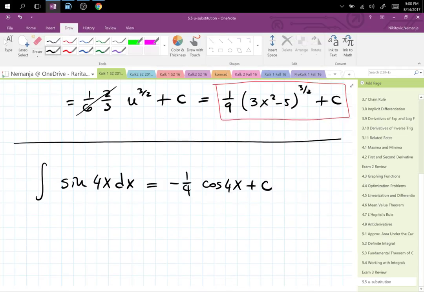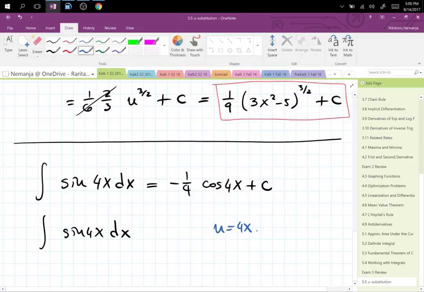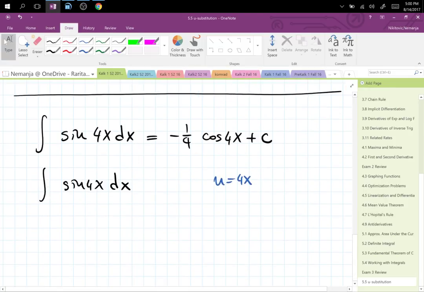If you want to solve the integral of sine 4x dx, you say u equals 4x, because then you will just have sine of u, which is easy to deal with. So you are replacing the entire 4x with u, and then you have du is 4 dx. Observe that you don't have a 4. So you put the 4 that you're missing and put the quarter in front to counter that 4.